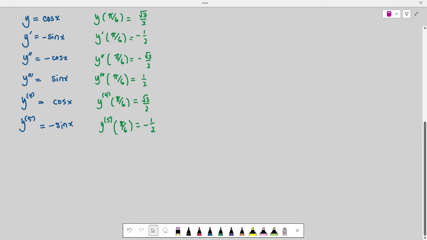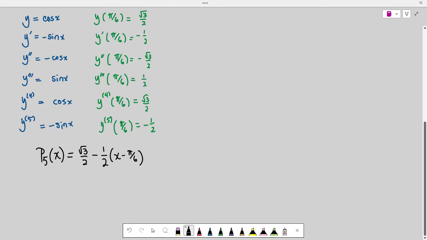Okay, so P sub 5, in your mind, is a polynomial with powers of x up to 5. We start with the constant, top right of our table, square root of 3 over 2. So that's the constant term. And then we go to the linear term, so it's minus the linear coefficient times x minus a to the first power.